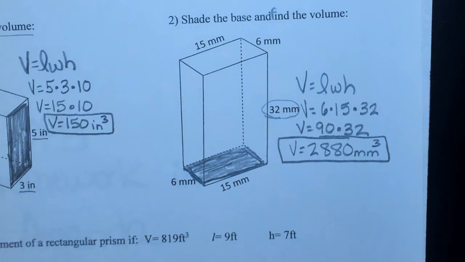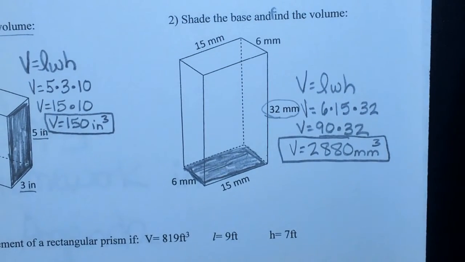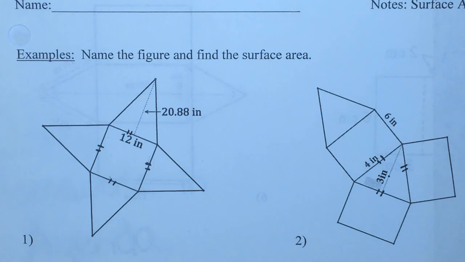Okay, now when we get back, I want, if you would, be putting Math Workshop in your binder. And when we get back, we are going to start this, and it is called Surface Area.